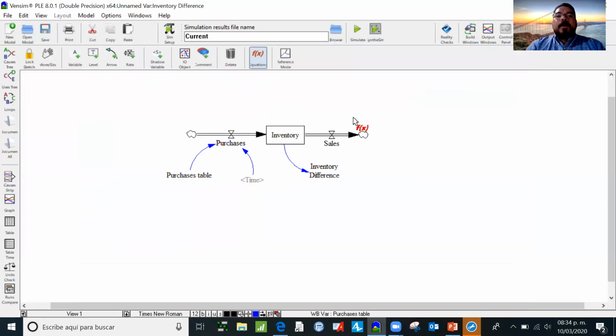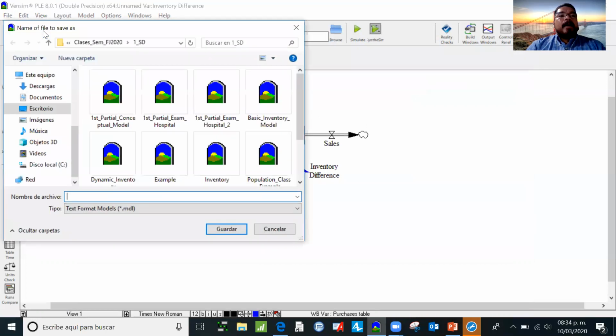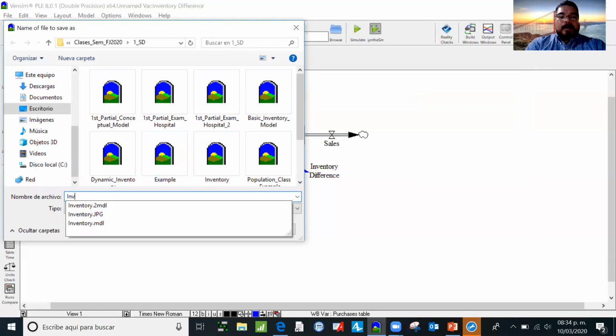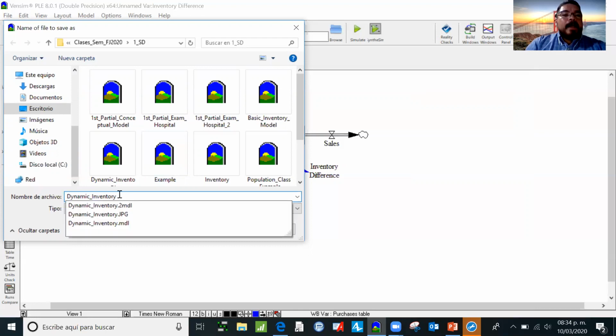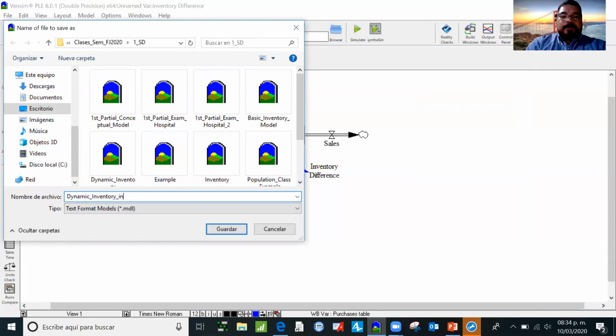And I'm going to save this model. I'm going to call it dynamic inventory, and I'm going to name it intro.